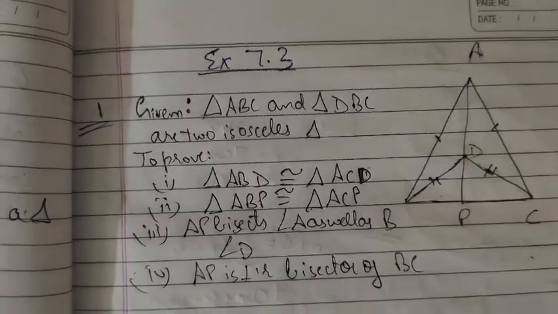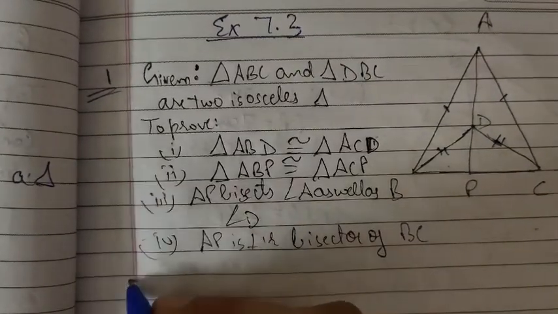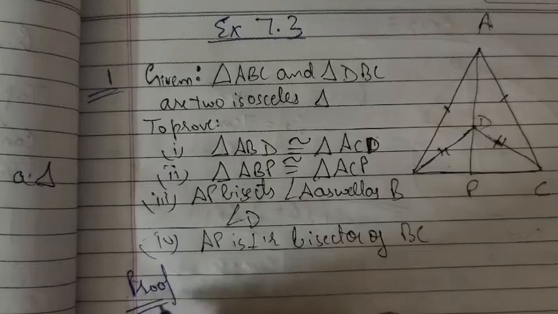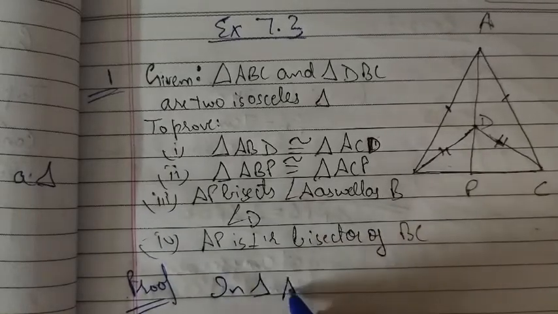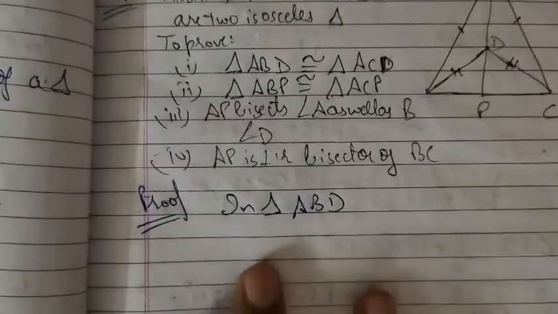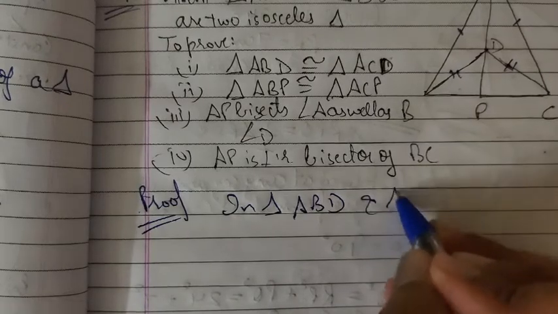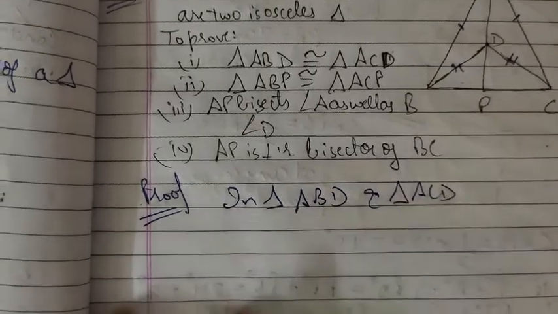So simple, by SSS we can say. Proof: in triangle ABD and triangle ACD, what do we have?